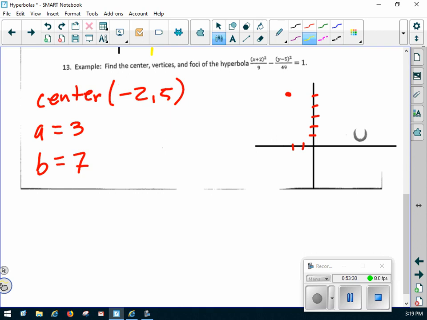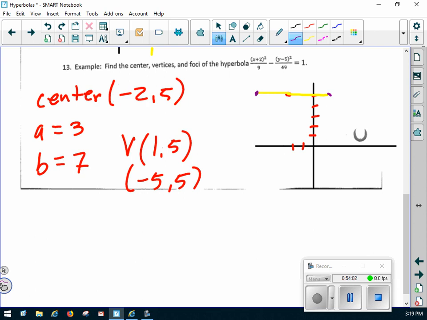So if I go over 3 and over 3 from that center, where are my vertices? (1, 5) and (-5, 5). So there would be my vertices.